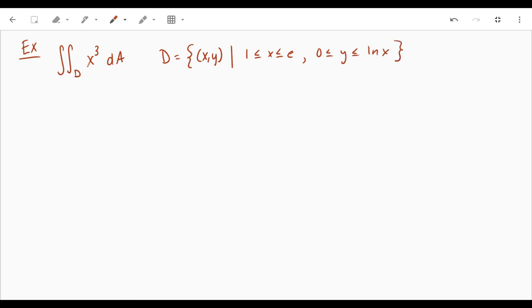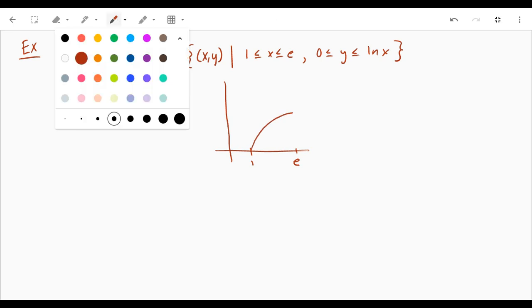So if we just look at that, x is 1 to e, and then y is between 0 and the natural log function, which looks like this. So there's your boundaries.